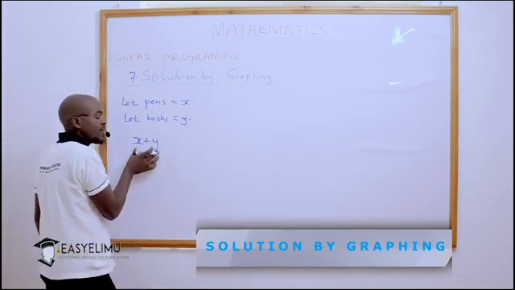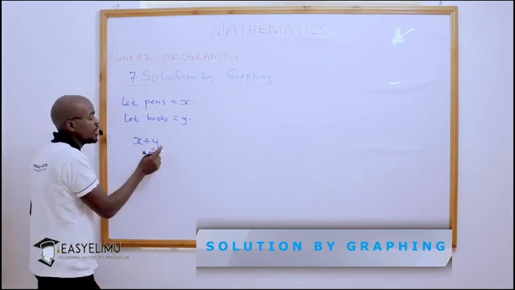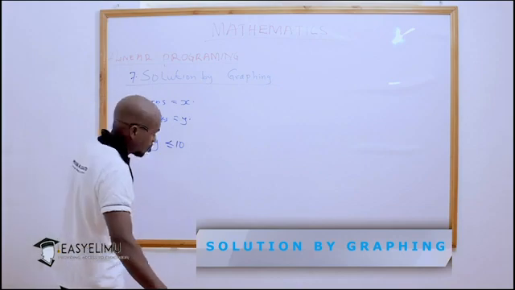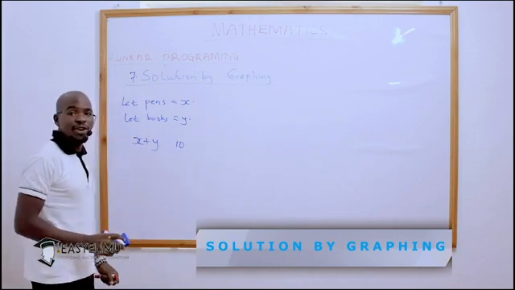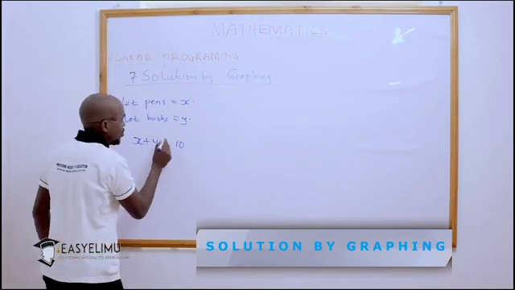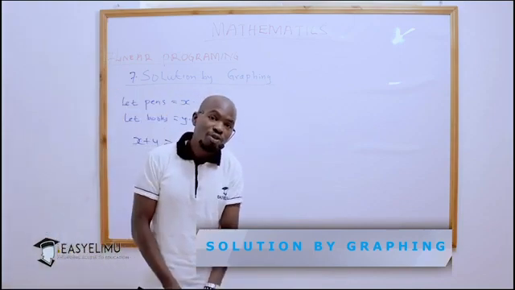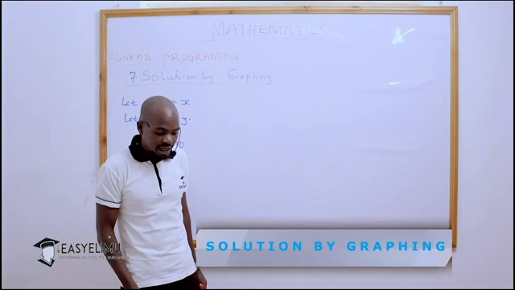So the sum of the two is not less than 10. That sign is wrong, it should be greater than or equal to 10. The sum of the two should not be less than 10.